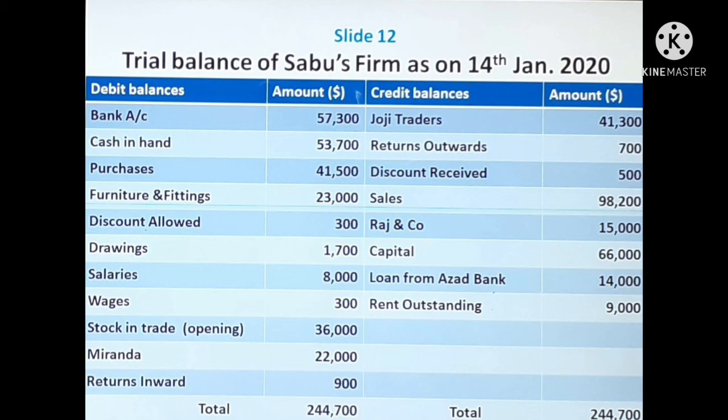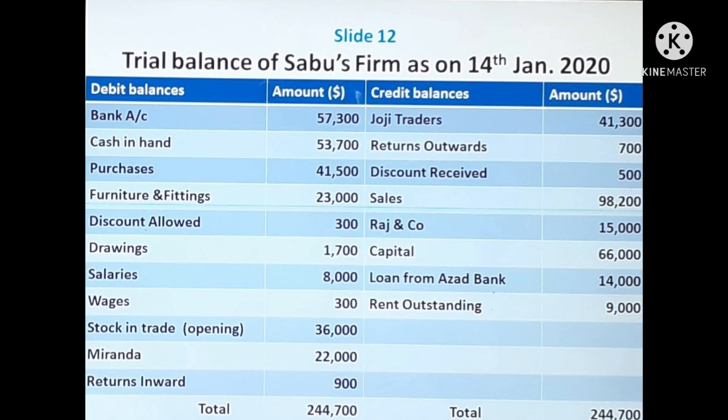On the debit side, there are accounts in the names of assets: cash at bank, cash in hand, furniture and fittings, stock in trade at the beginning, due from Miranda 22,000. Now, there are expenditures and losses: purchases, discount allowed, salaries, wages, and then there are drawings on the debit side.